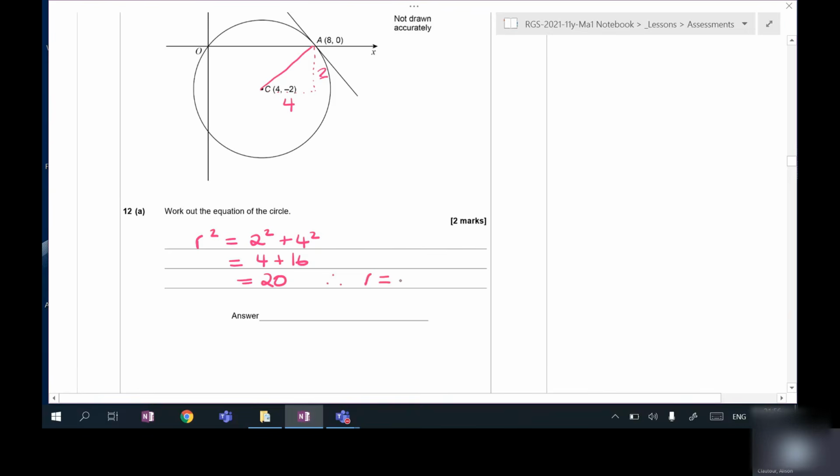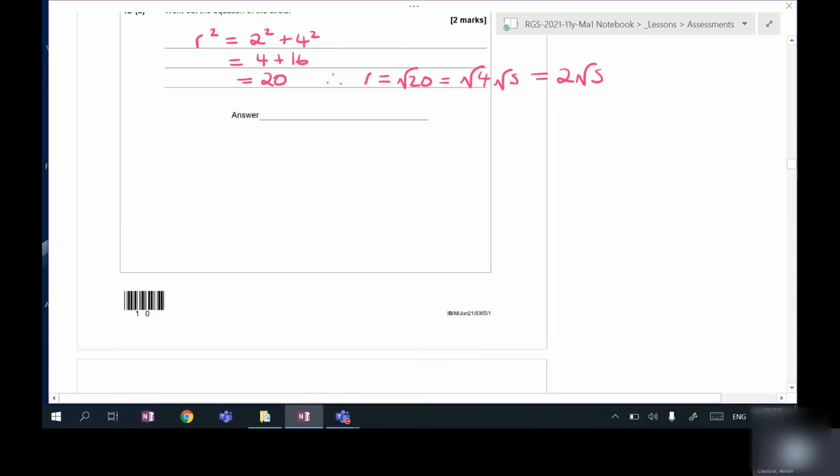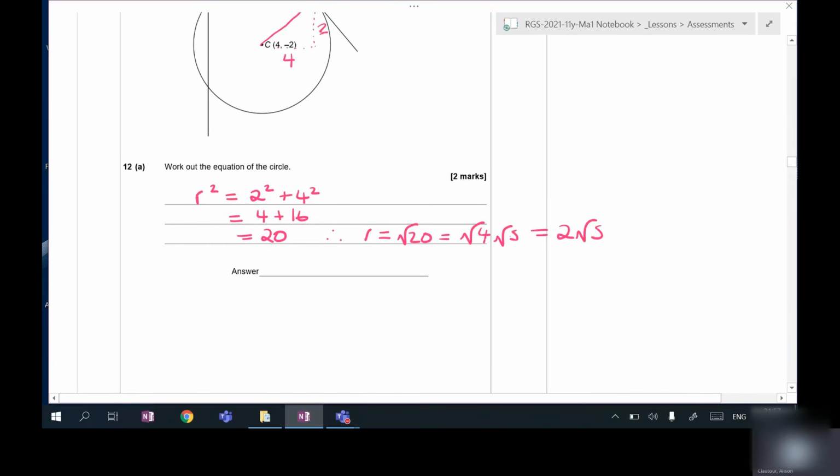So r is root 20, which is root 4 and root 5, so 2 root 5. I don't actually need that, but I think we'll probably need it later in the question.